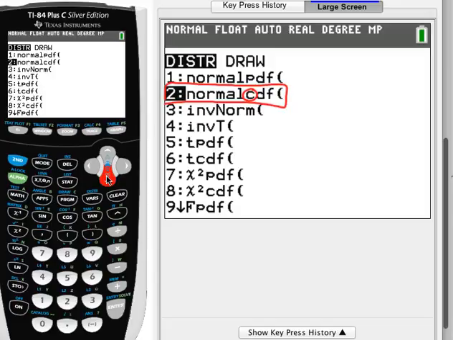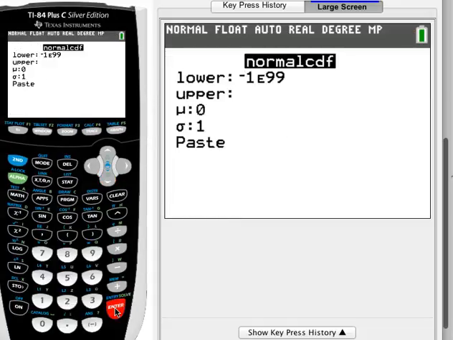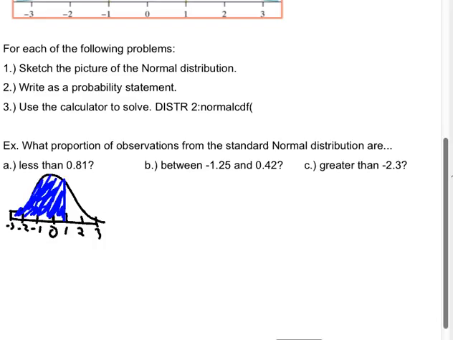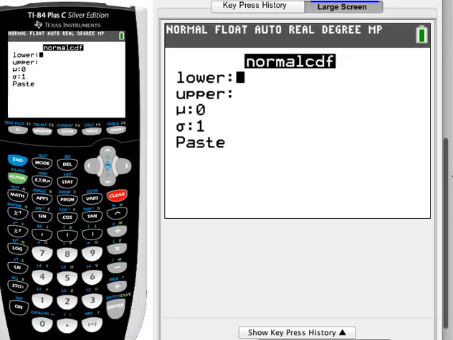Okay, so let's see how to use this. So here, for the lower bound, well, if you look, there is no lower bound. We're just going to negative infinity. Okay, we're just keep going down, down, down. We just want less than. Well, the calculator can't understand infinity, so we want that lower bound. We're just going to put that lower bound as a very negative number. Okay, up to, what's our upper bound?